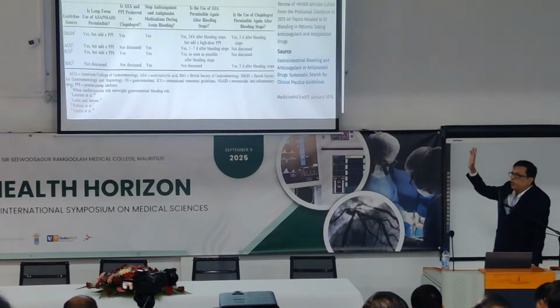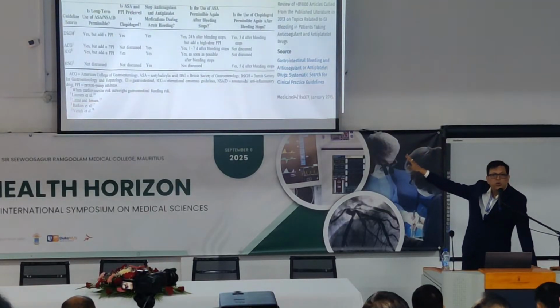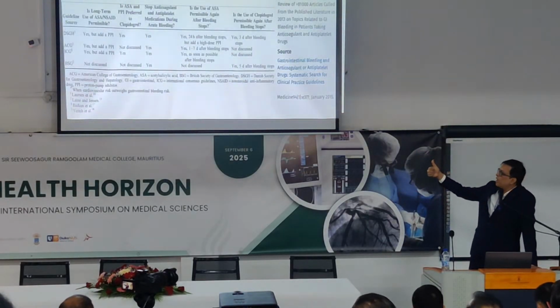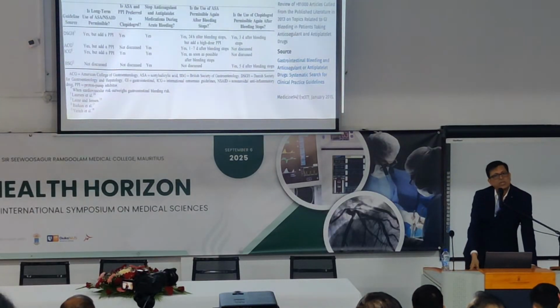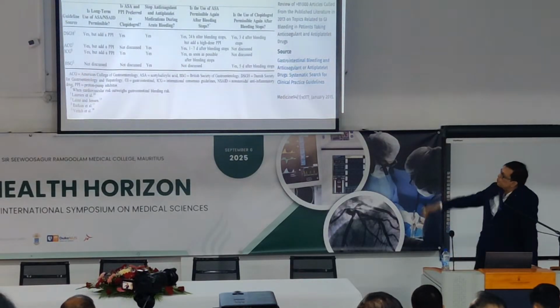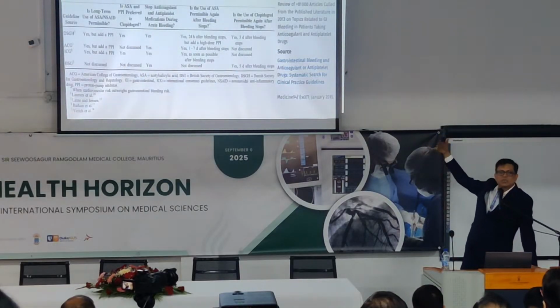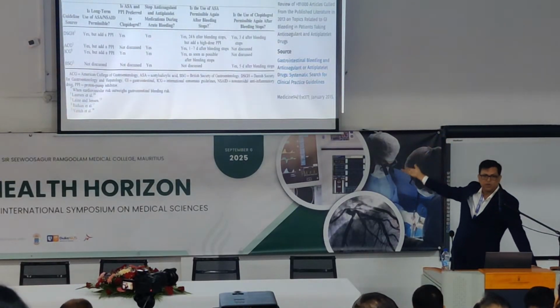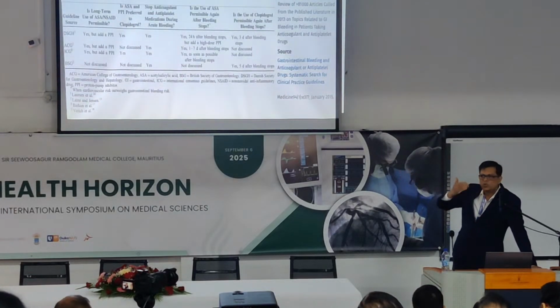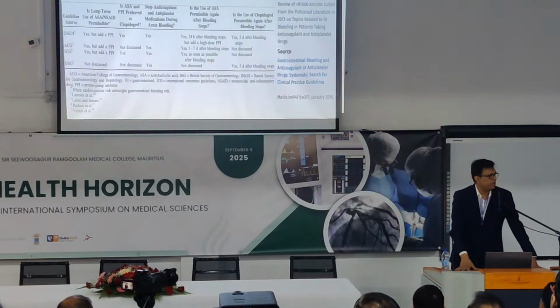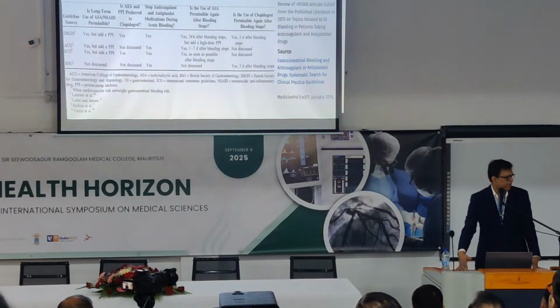Out of those, only 4 articles gave some sort of guideline: the Danish Society, ACG, ESGE, and the British Society of Gastroenterology. Even there, you can stop, and you can start after 24 hours depending on your decision and the patient's condition. There is no clear-cut guideline which can guide us clearly. If you are doing right, I am doing right.